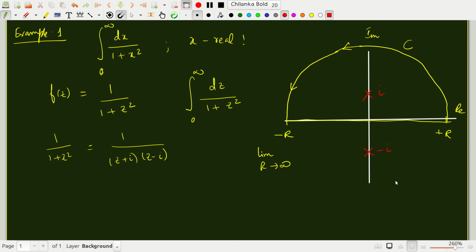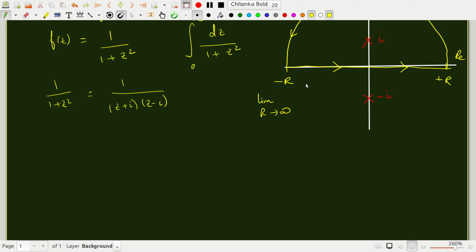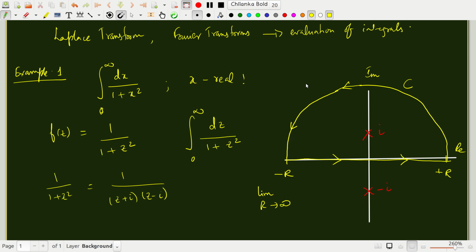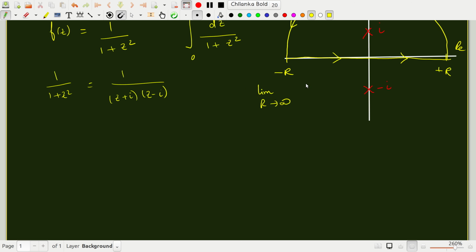You might ask why I have closed the contour on the positive imaginary axis and why not on the negative imaginary axis. I will show that it can be done as well, but care has to be taken so that the way in which you are closing the contour ensures that the contribution from the semicircular part of the contour essentially goes to 0. That is the key idea in general, but in this particular example you might as well go above or below, as I will show.